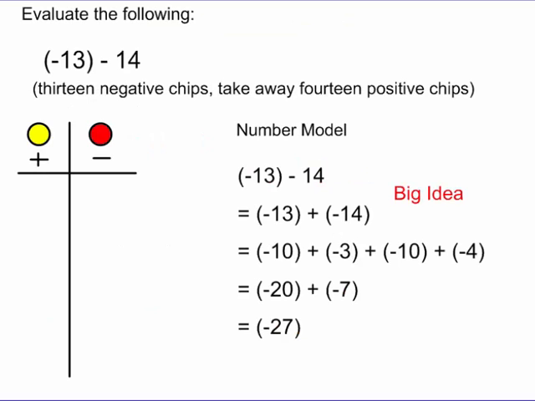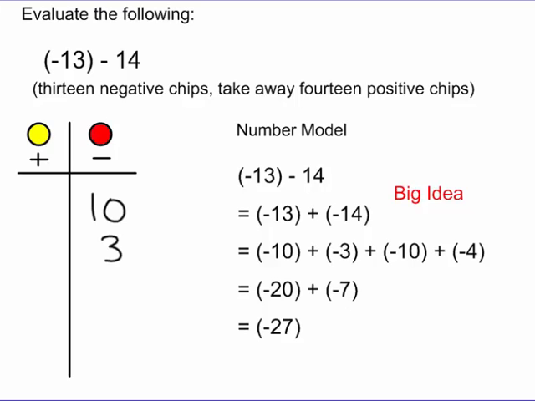So I'm going to evaluate the following: negative 13 subtract 14. So that's 13 negative chips take away 14 positive chips. Now I don't want to spend a lot of time drawing chips here, so I'm going to use the hybrid model. I'm going to show 13 on the negative side as a 10 and a 3, and then I want to take away 14 positive chips.